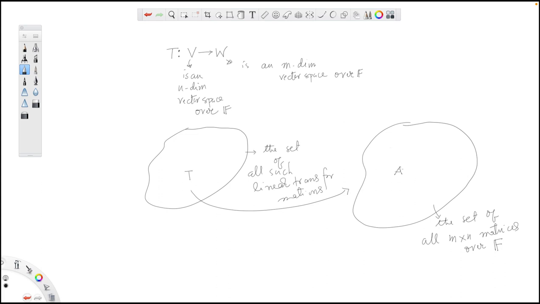It is in this sense we say that A is a matrix representation of this linear transformation T between finite dimensional vector spaces V and W. We are going to study these things in detail and results concerning these notions.